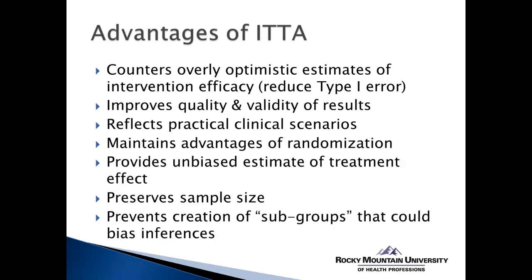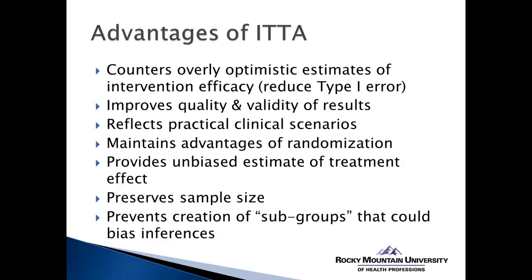Because if we account for what happens in the real world, when people are less than perfectly compliant, when people drop out, when things go wrong, that could show us what the true real effect might be of the treatment. So explanatory studies can have the possibility of overestimating the true treatment effect. So intention to treat analysis can help us reduce that. It gives us a little bit more of a conservative idea of what the treatment can do, and therefore it can reduce type 1 hypothesis error. In other words, we're not going to reject a null hypothesis that we should be accepting.